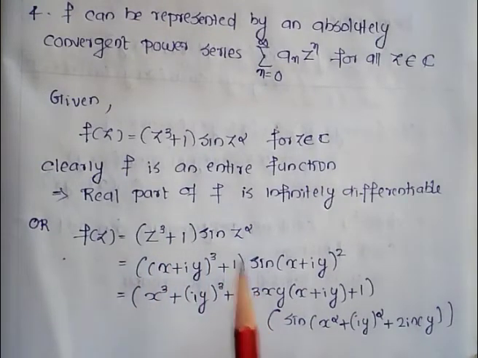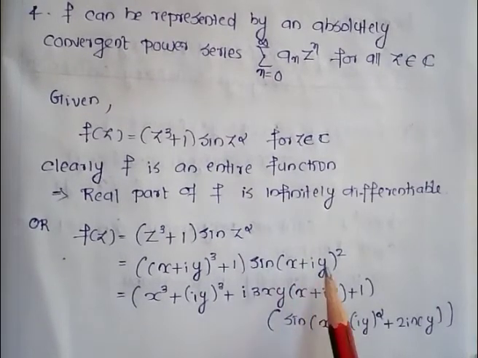If we put z = x + iy, then substituting we get ((x + iy)^3 + 1) sin((x + iy)^2).